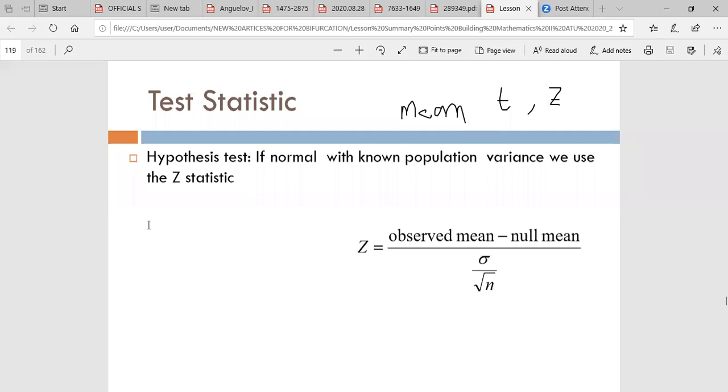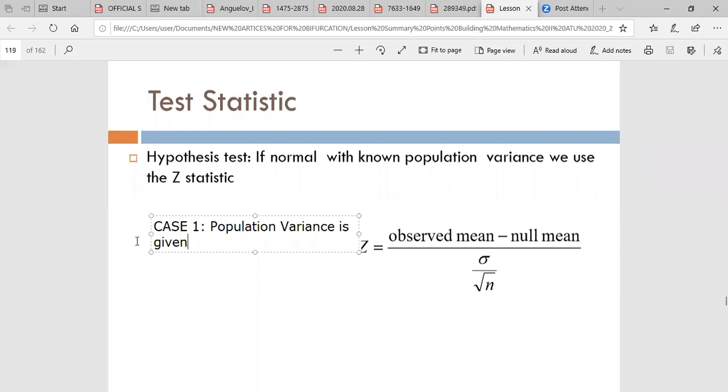So there are two conditions. Case one is if the population variance is known or is given. When it's given, you have to use your Z statistic.